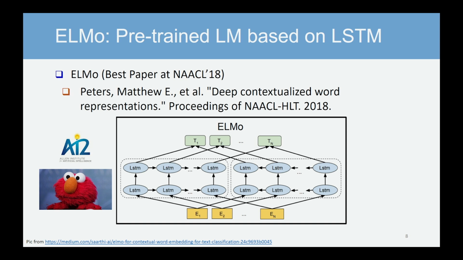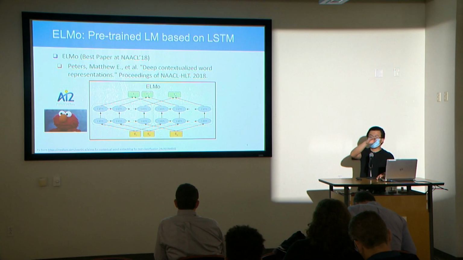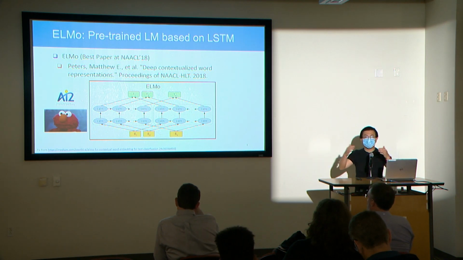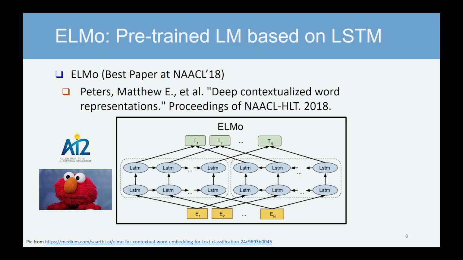It was first developed by the Allen Institute for Artificial Intelligence, and it's a bidirectional, stacked, long short-term memory neural network model. It got the best paper at the North American ACL conference in 2018. It reads the document from left to right and right to left at the same time, to get the idea of the entire document from both sides and get the final representation for every token. That's the key idea.